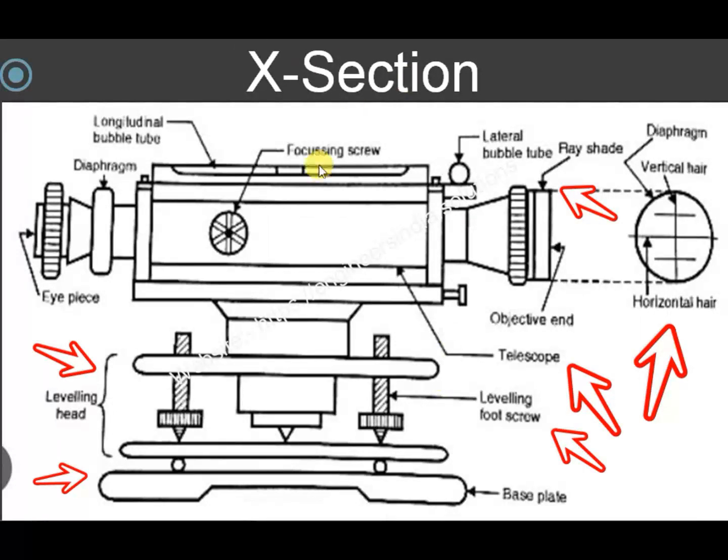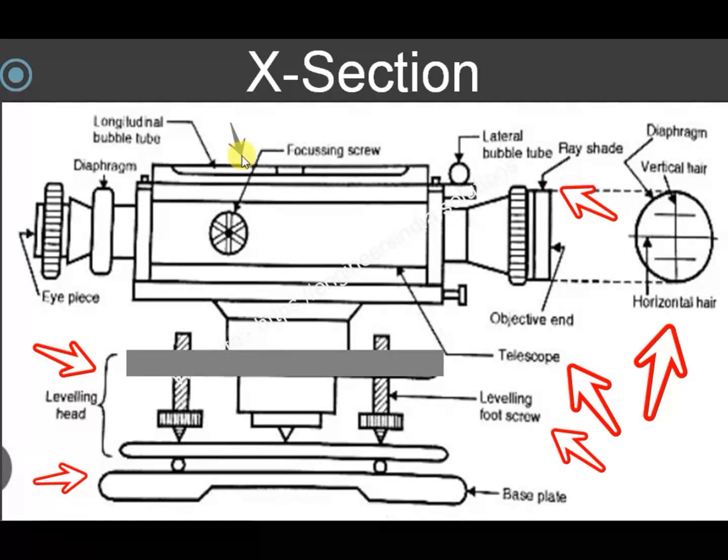So what you need over here is to make this plate absolutely parallel to the surface of the earth, and this will be done with the help of a bubble tube right over here. So when this bubble is in the center, this plate automatically gets to its level as well.